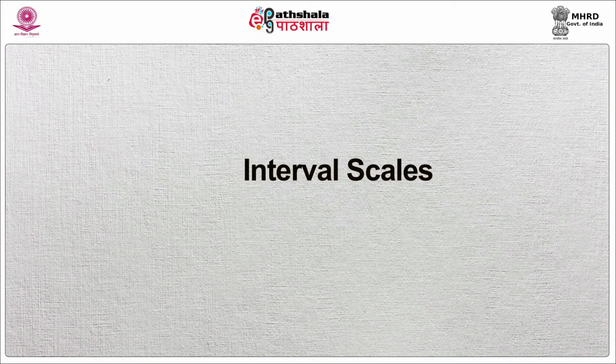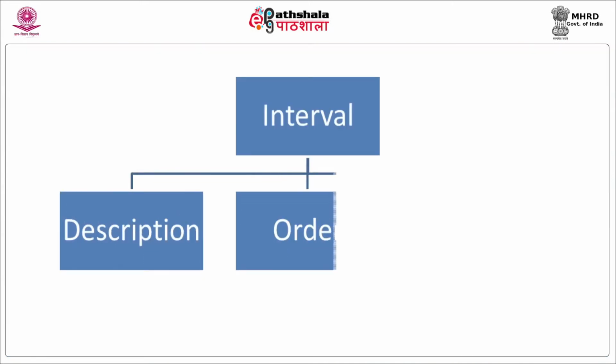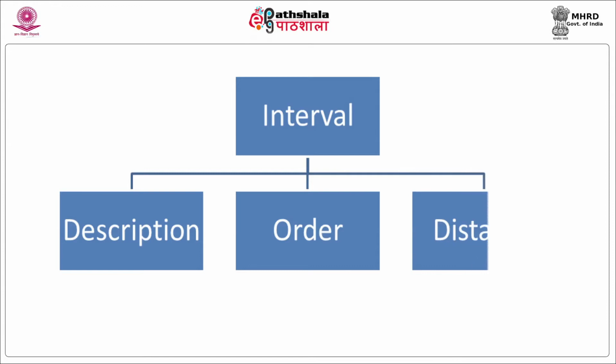The third scale is the interval scale. Interval scales are the scales which have characteristics of both nominal and ordinal scales. That is, in addition to description and order, the scale also possesses the characteristic of distance. Interval scales also capture the information about the differences in the characteristic of the object being measured.